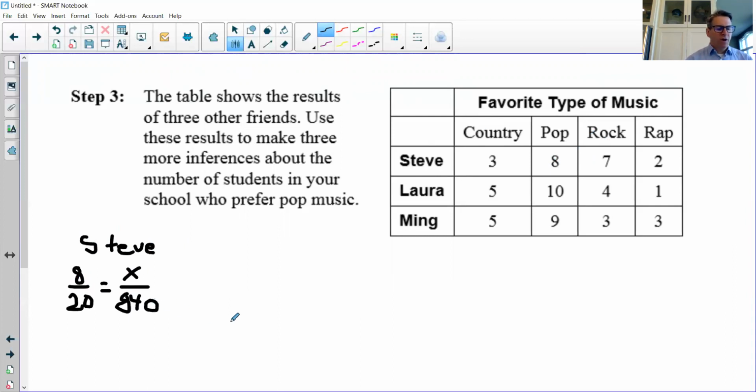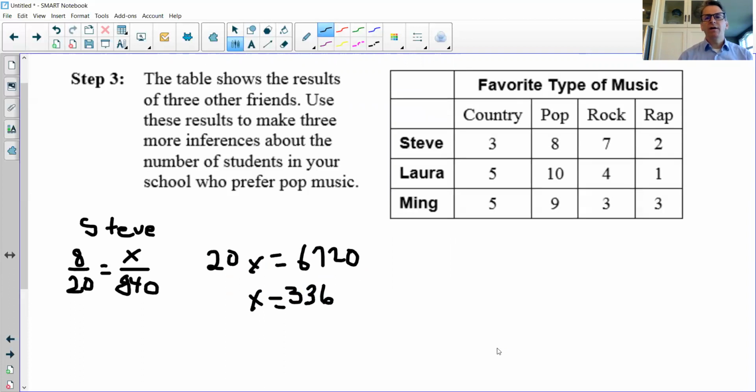If you solve for X here, you're going to have 20X is equal to 6720. X is equal to 336, according to Steve. 336 students like pop music.